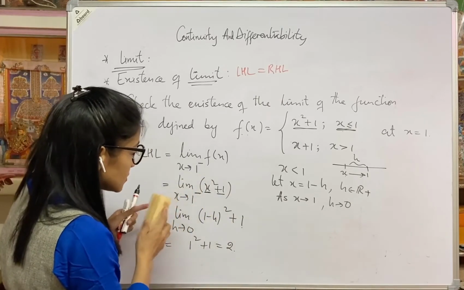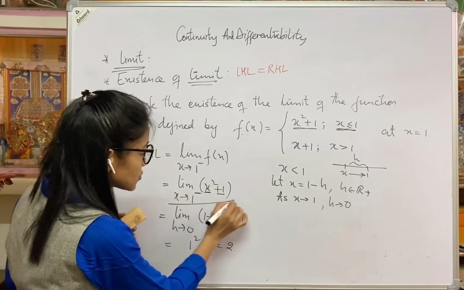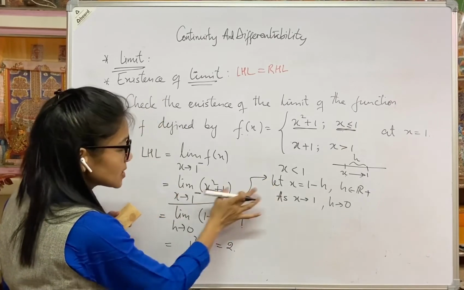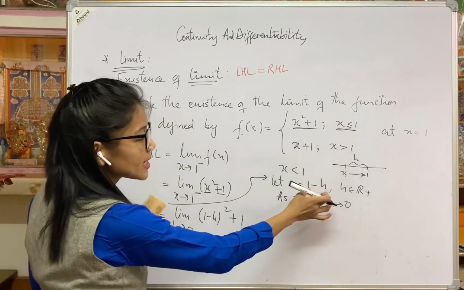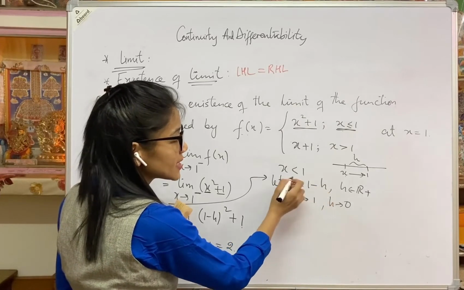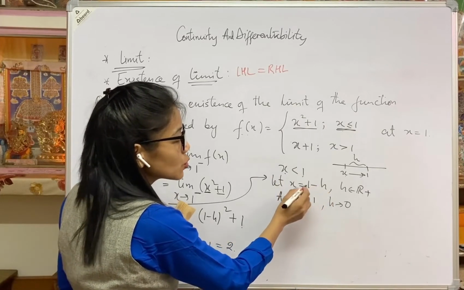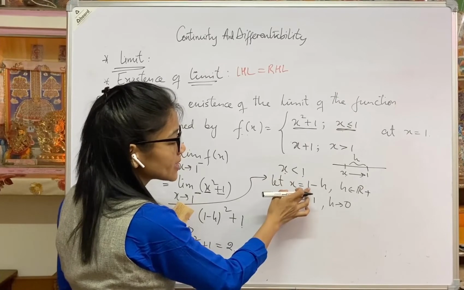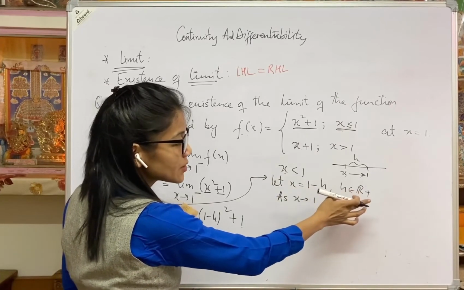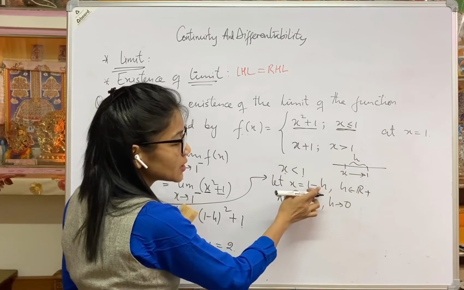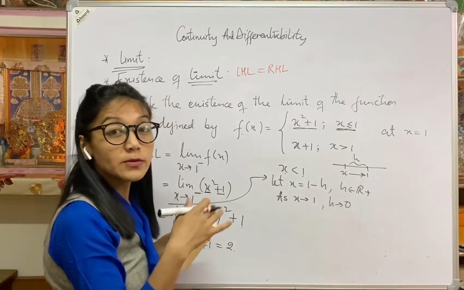So after this you have to write this. After writing this, you will write let x equals 1 minus h. We know why we are writing 1 minus h: since x is less than 1, to show that x is less than 1, I'm writing 1 minus h, where h is some positive real number. When you subtract a positive real number from 1, x will obviously be less than 1.